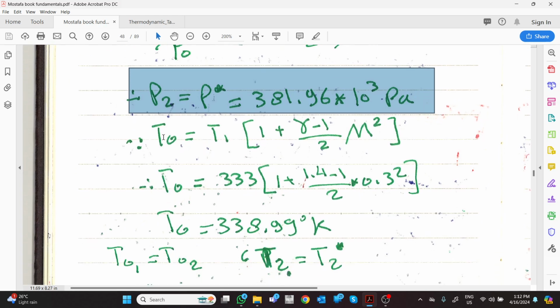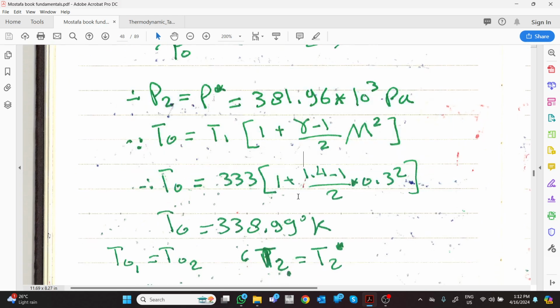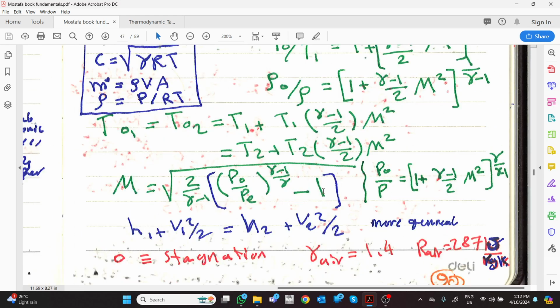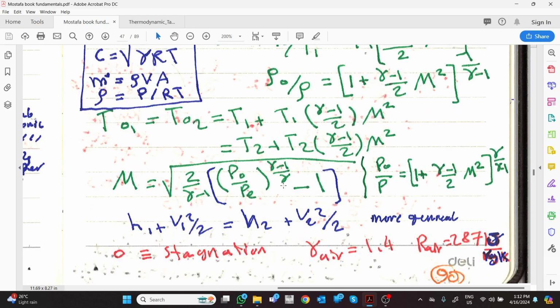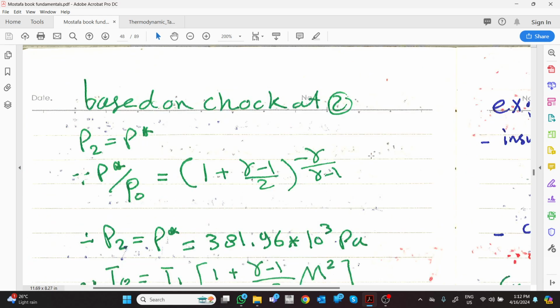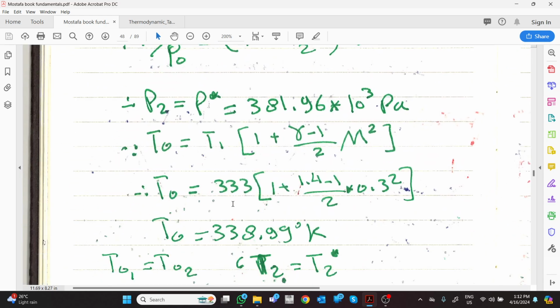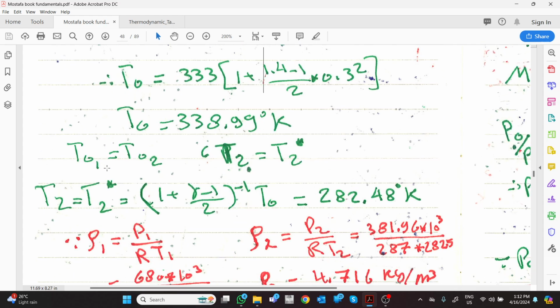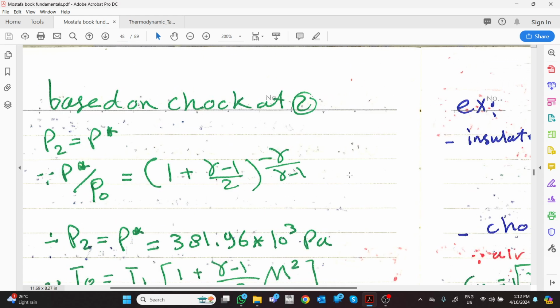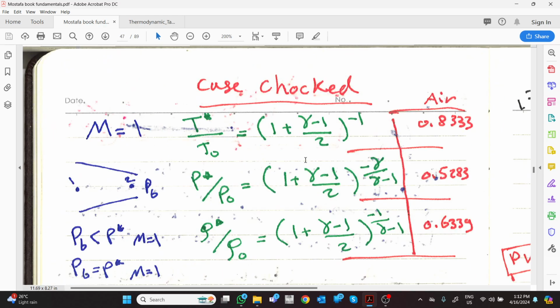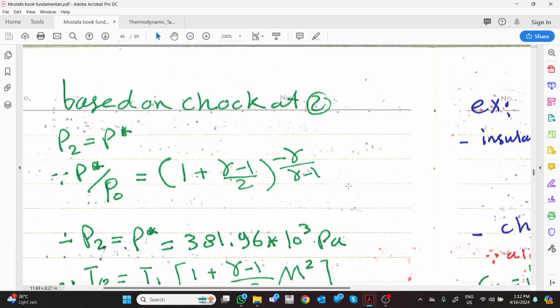Same concept, we can calculate T stagnation from this formula. T stagnation is constant everywhere. So T stagnation at 1 equals T stagnation at 2, and we know that the temperature at 2 is T star because it is Mach number 1. So we can use the same equation here, T stagnation multiplied.